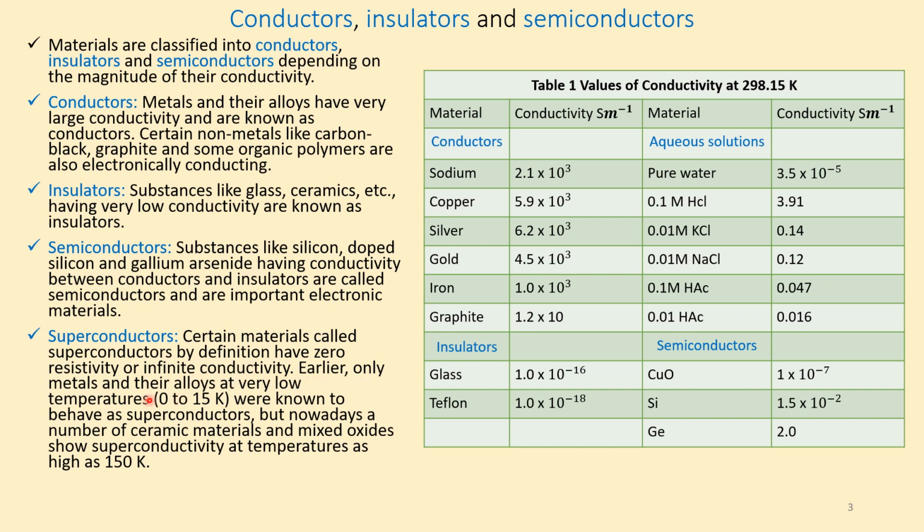Earlier, only metals and their alloys at very low temperature, of the order of 0 to 15 Kelvin, were known to behave as superconductors. But nowadays, a number of ceramic materials and mixed oxides show superconductivity at temperatures as high as 150 Kelvin.